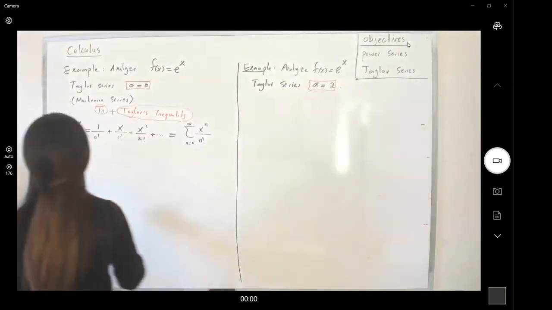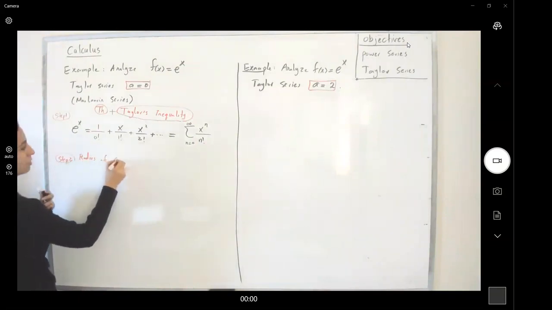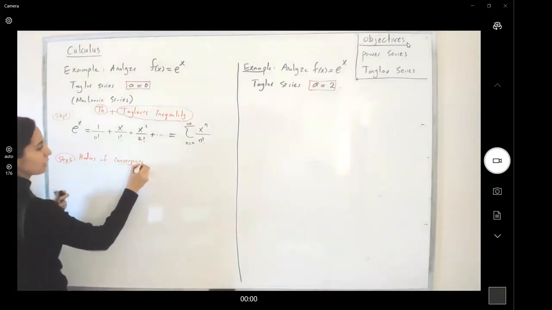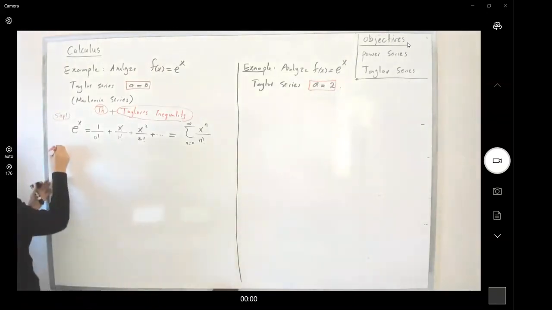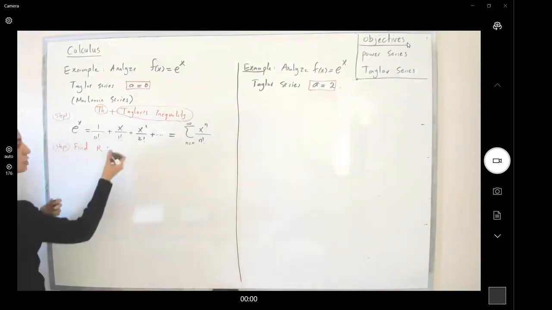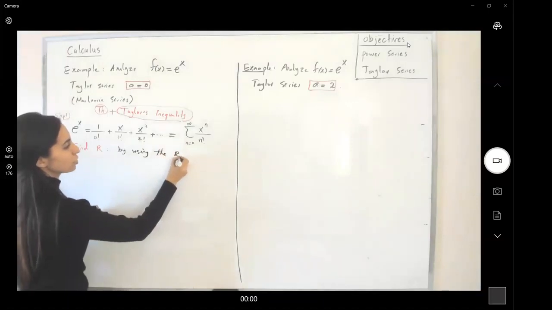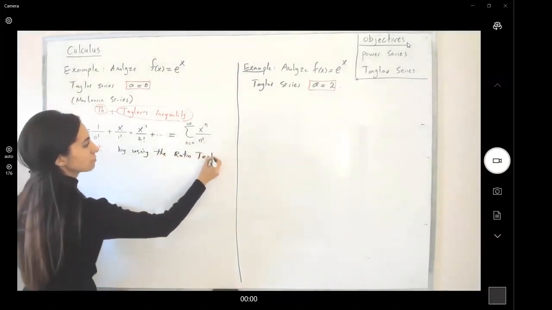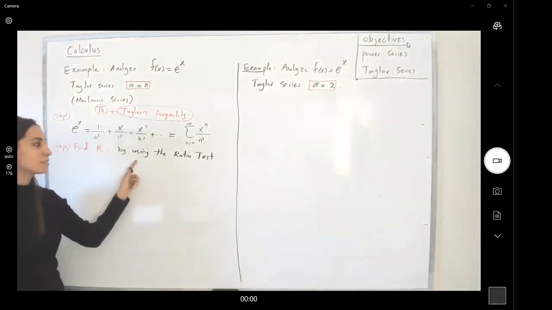In step 2, you're interested in finding the radius of convergence. How do we find the radius of convergence? We use the ratio test. Find R, the radius of convergence, by using the ratio test. I saw one question about finding the radius of convergence in Piazza and answered it.